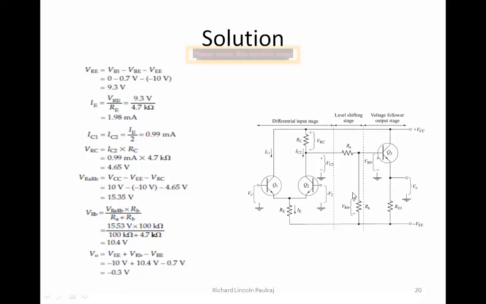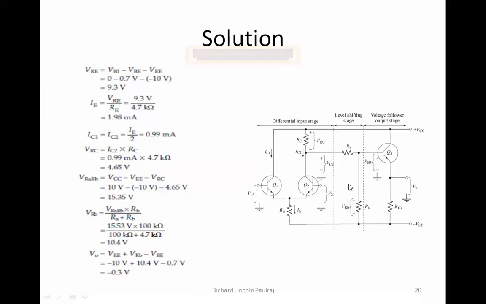When I substitute those values, my RB value, we know that it is 100 kilo ohms, divided by 100 plus RA, which is also known to us, about 4.7. So I find that my value is going to be about 10.4, 10.5 volts.